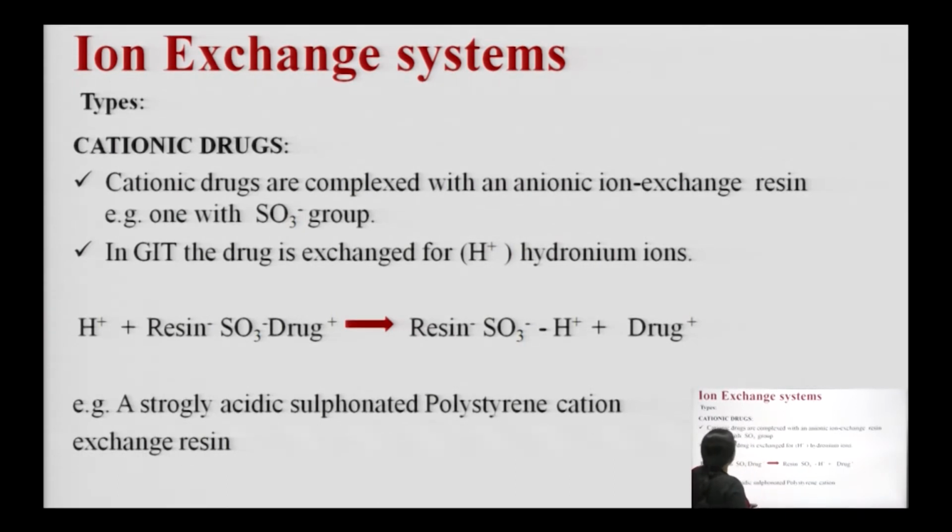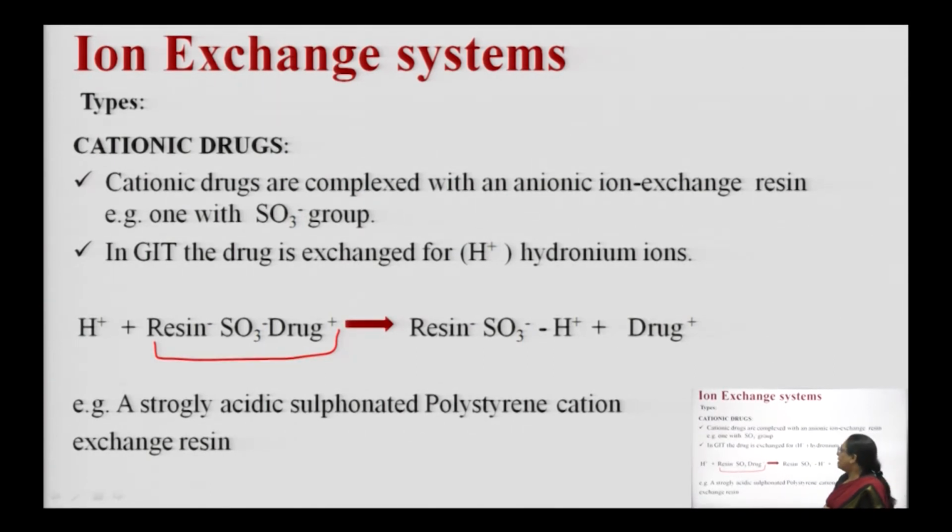Look at this. Here I have given an example of a cationic drug being delivered by means of an ion exchange resin. The anionic ion exchange resin with a sulfonyl group on its surface is combined with the cationic drug to form a drug resin complex.